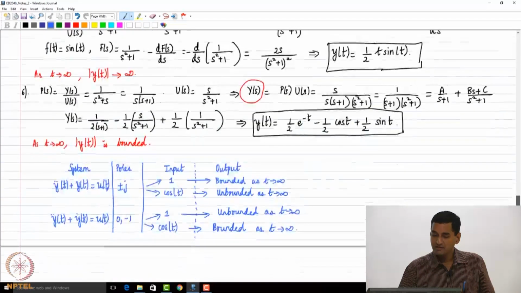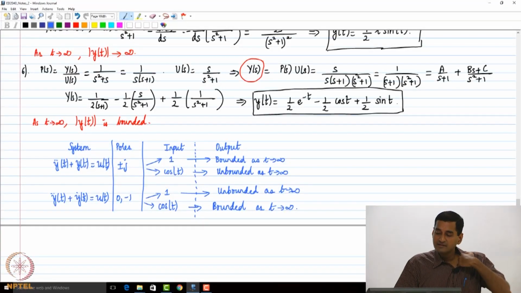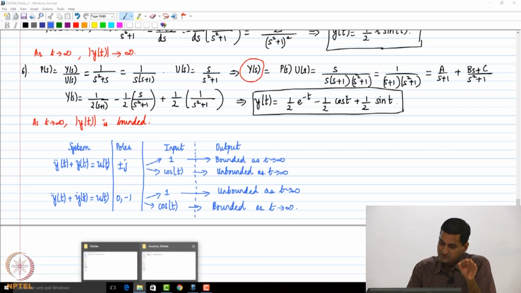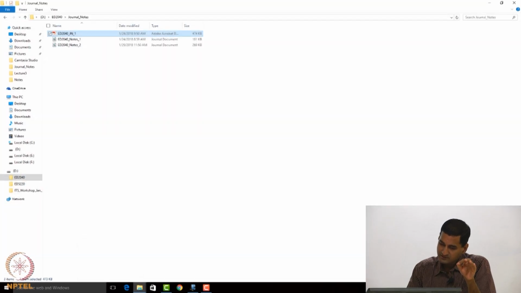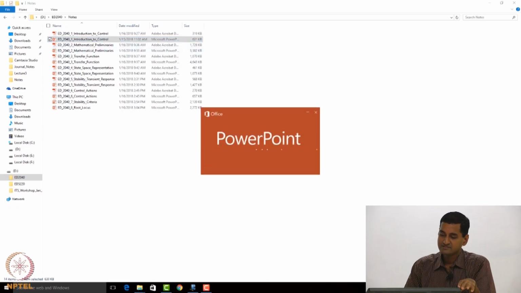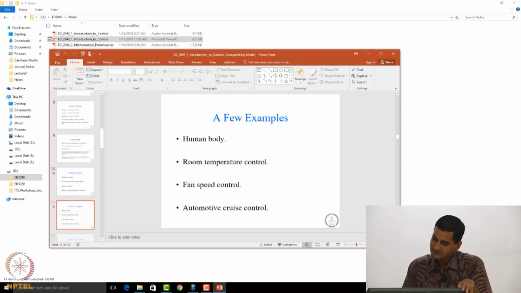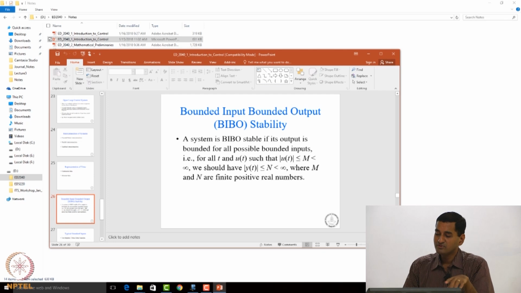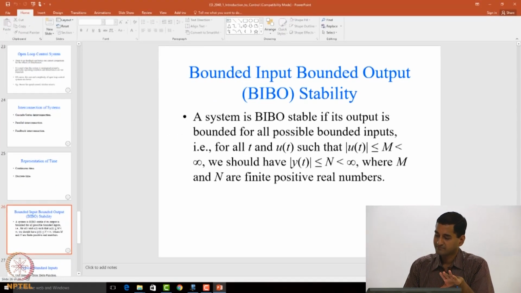In fact, it so turns out that if we use the definition of BIBO stability, what was the definition of BIBO stability? Let me pull it up. This is something which we saw in the very first set of classes where I defined BIBO stability.